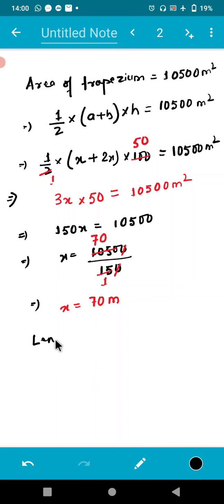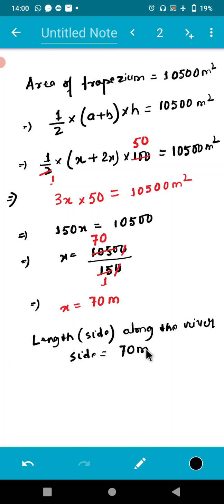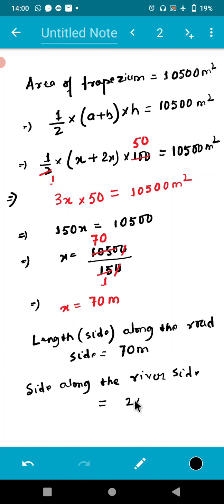So the length of the side along the road is 70 meter, and the side along the river is just the double, that is 2 into 70, which is equal to 140 meter.